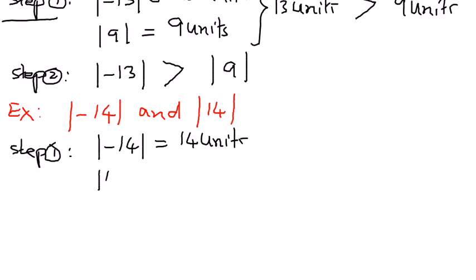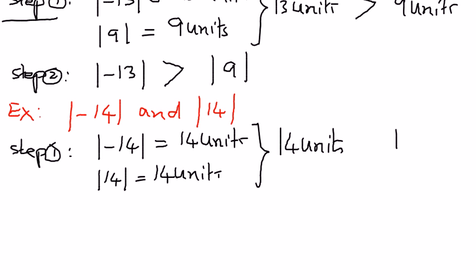and the absolute value of +14, which is just 14, is equal to 14 units. Therefore, if you write them out side by side, 14 units and 14 units, 14 units is exactly equal to 14 units.